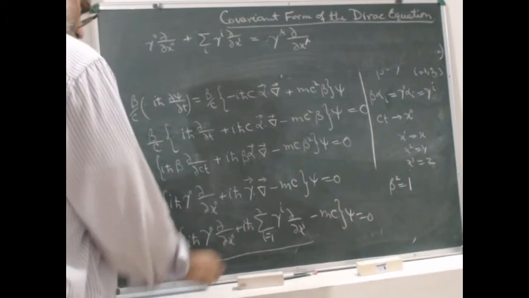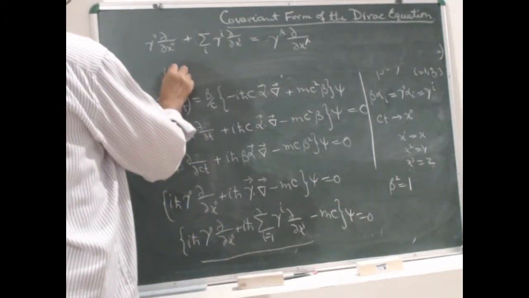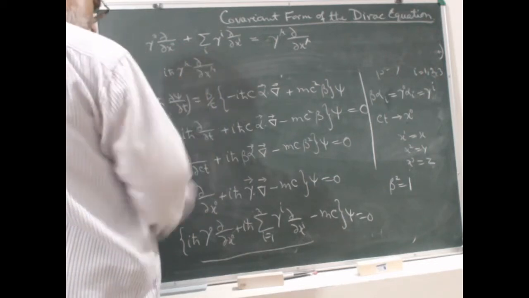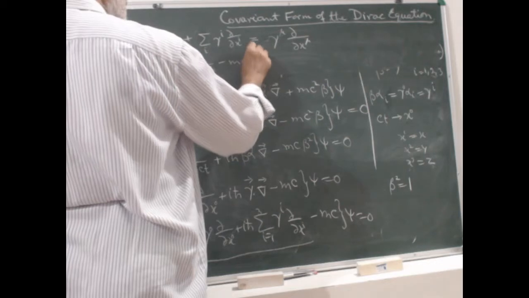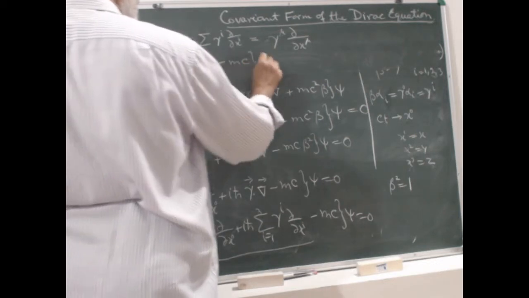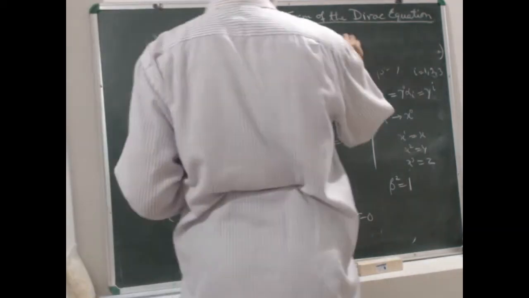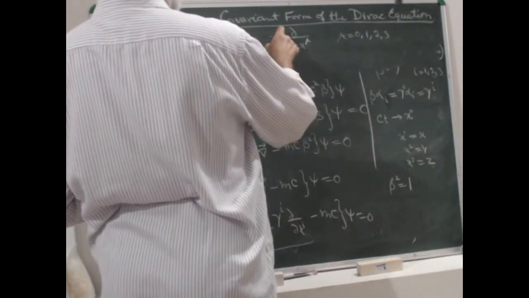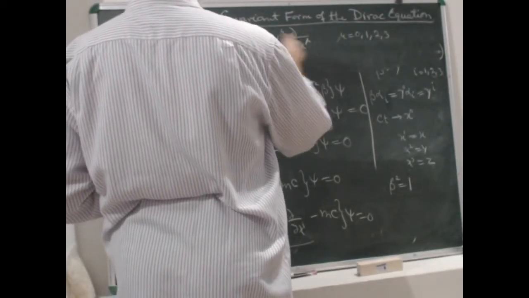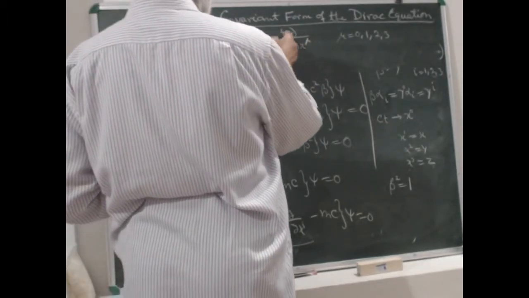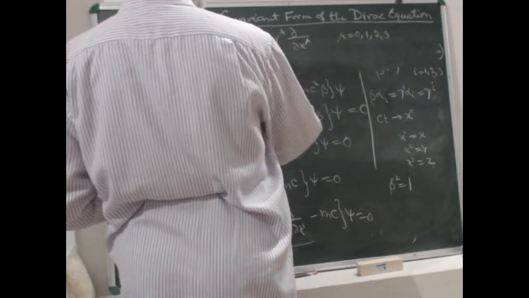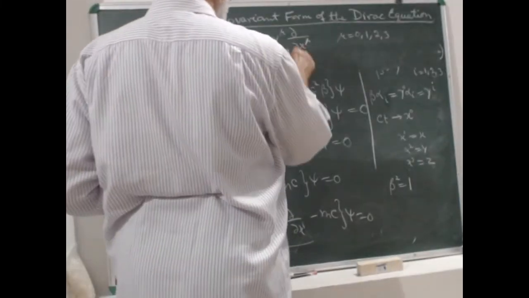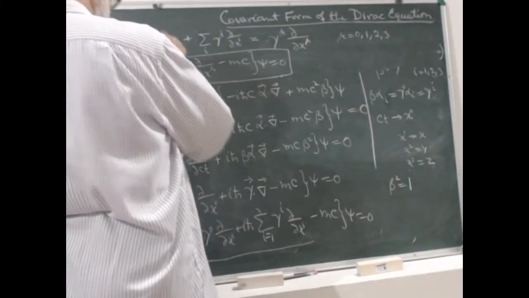So this side we can write as i h cross gamma mu delta by delta x mu minus m c, where mu runs from 0, 1, 2, 3: gamma 0 delta by delta x0 first term, then gamma 1 delta by delta x1 plus gamma 2 and so on. So this is the Dirac equation in covariant form.